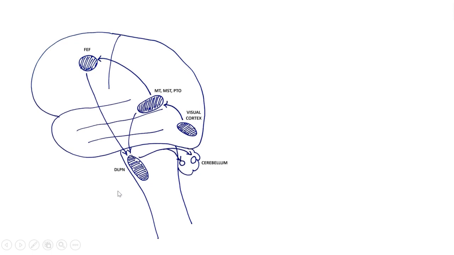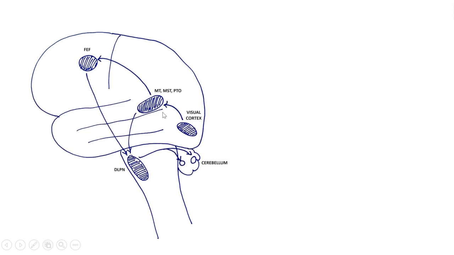Now let's speak about the control of pursuit. This is a little different from what we see in saccades, and let's see how. In this case, my moving target is Cindy walking away or running away, and this visual information is conveyed to my visual cortex. From my visual cortex, this information is transferred to the center important for this eye movement, the parieto-temporo-occipital junction, the PTO, and also the middle temporal.